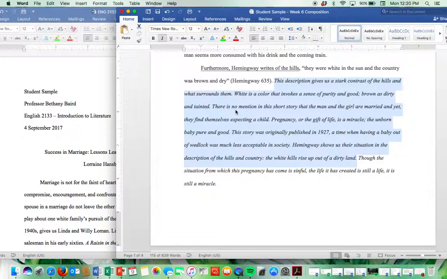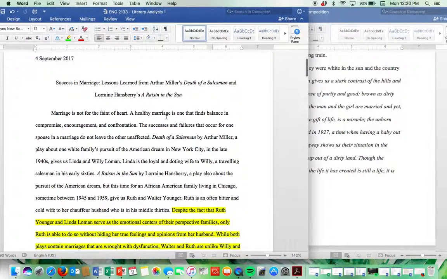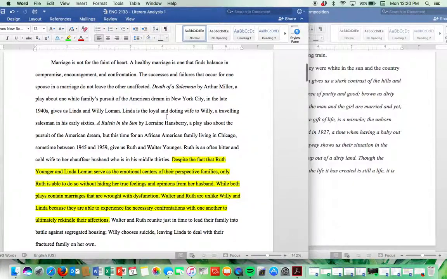The other thing that I wanted to point out is that these successful papers do not ever use first-person point of view. And by that I mean nowhere in here does it say, I think, I believe. There's no personal stories in here. That's because this is a literary analysis.